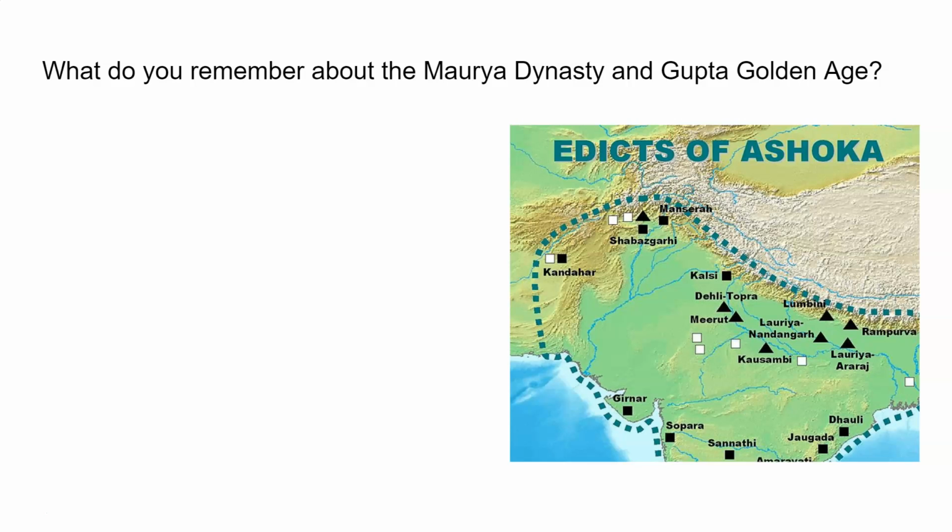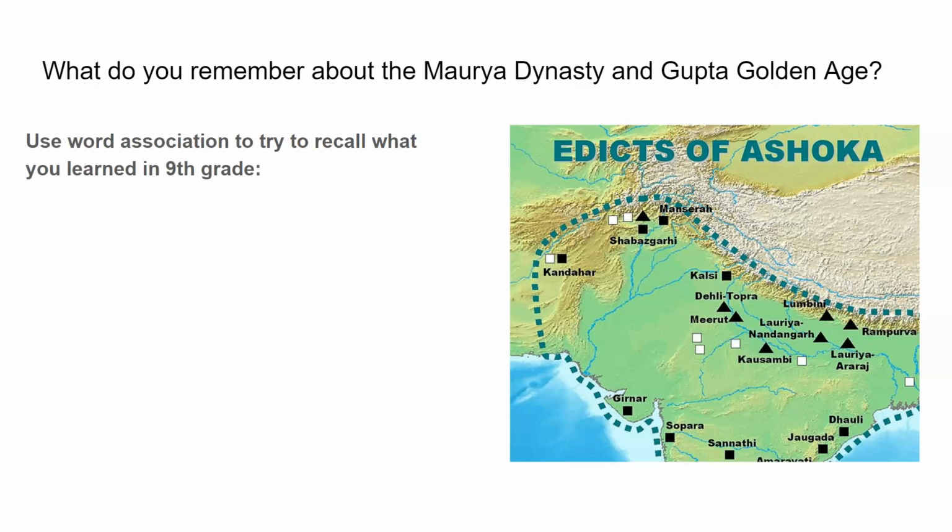What do you remember about the Maurya dynasty and the Gupta Golden Age? Again, these are things from 9th grade. This is ancient history or river valley civilizations. So again, some word association. These existed in the 3rd century. They are ancient civilizations. They were river valley civilizations, and you can see where their civilizations existed along the rivers.